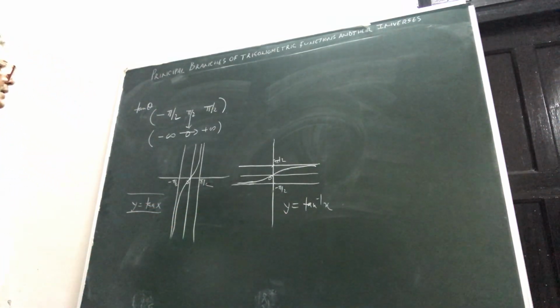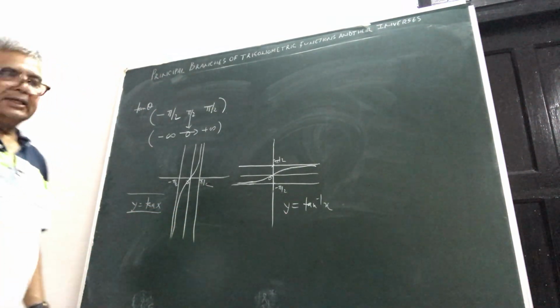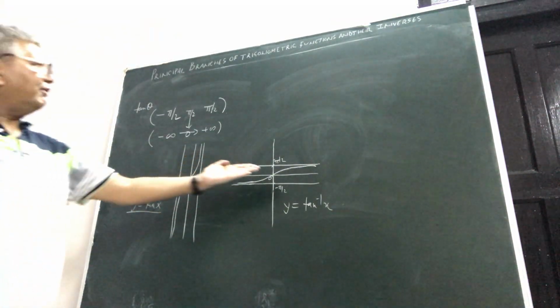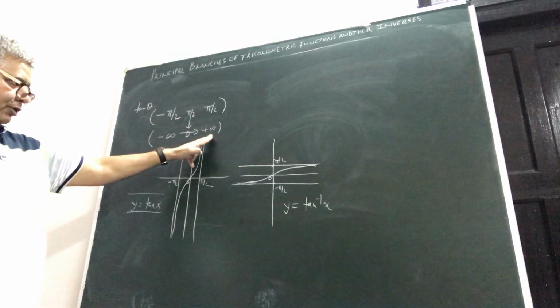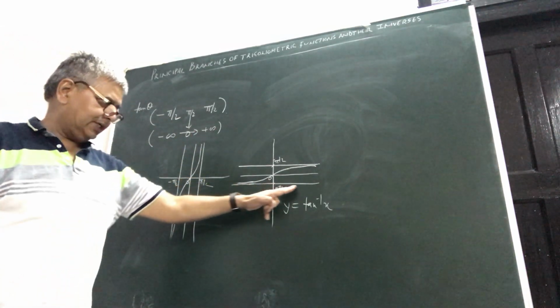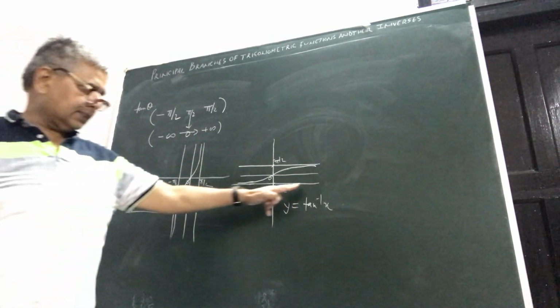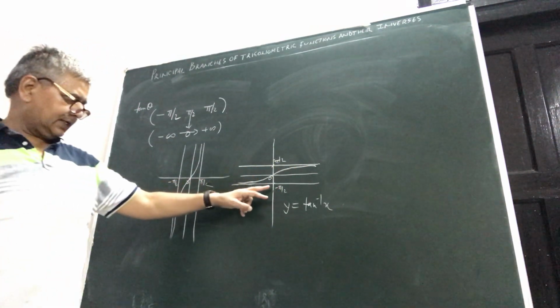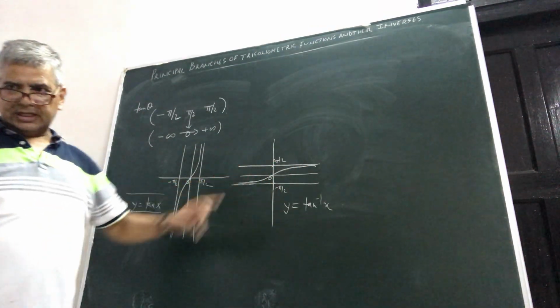Similarly for cot x, I now need not draw it. Why? See, you yourself have to verify. Yes, this is now your domain. Please see, it is minus infinity to plus infinity, the curve. And the curve will go like this. See, the values are taken from minus pi by 2 to plus pi by 2.